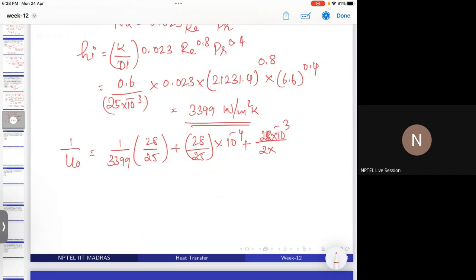Here K is the thermal conductivity of the tube.